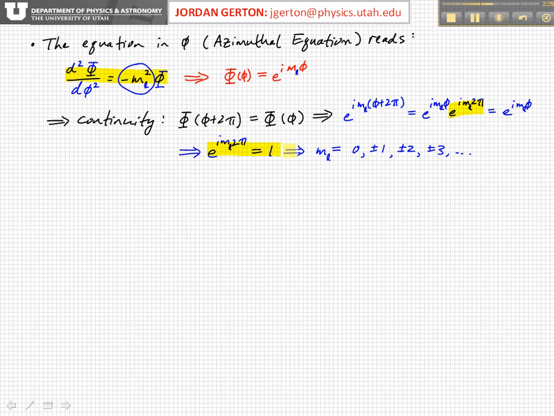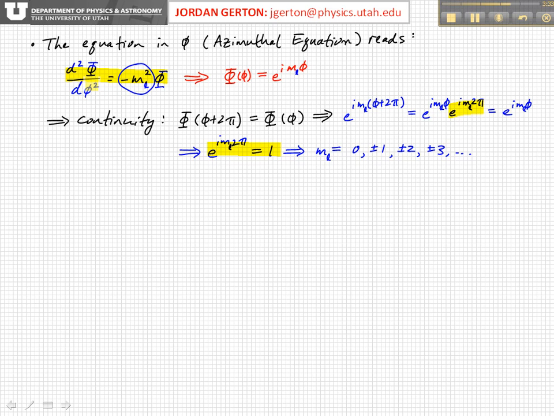So e to the i ml times 2 pi has to be equal to 1, which you can very easily show to yourself implies that this constant ml can take on the following values: 0, plus or minus 1, plus or minus 2, plus or minus 3, corresponding to e to the 0, so 1, e to the i phi, e to the 2 i phi, etc. Okay, so we found now that from the azimuthal equation we get quantization.